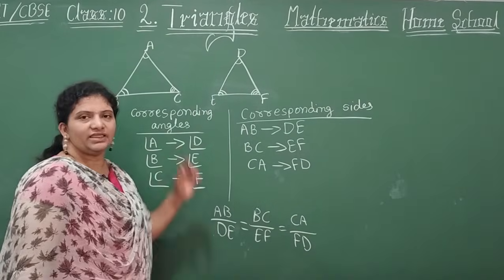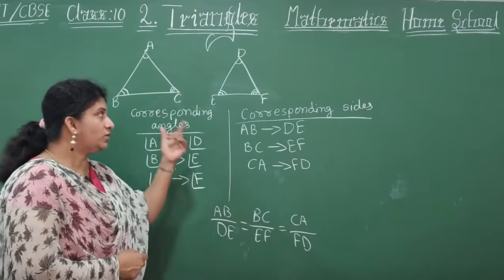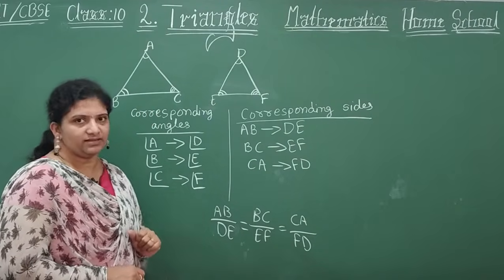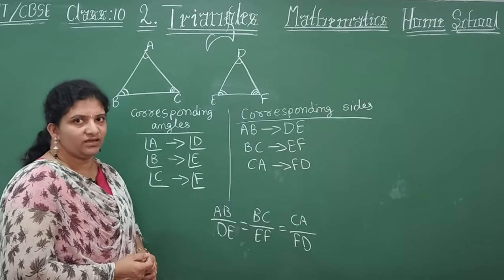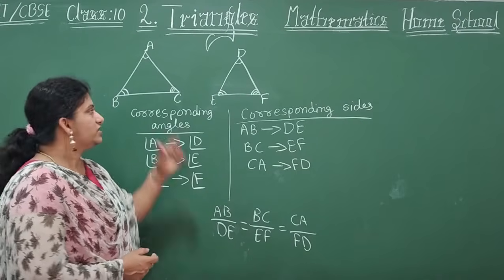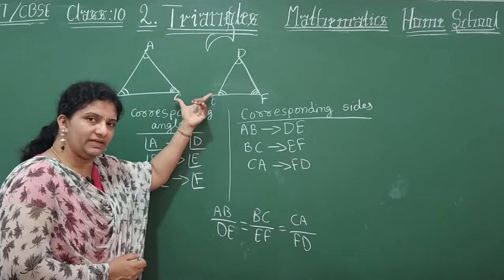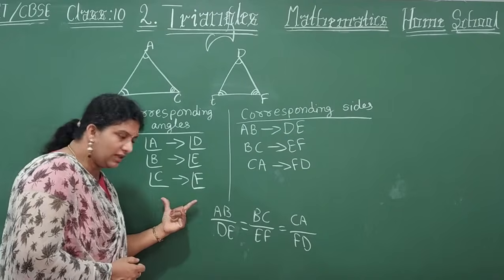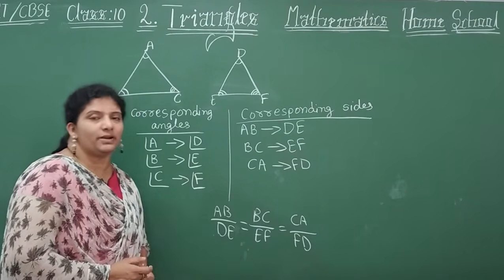See here children, when these two triangles are similar. Our chapter name is triangles. Triangle means it is bounded with three sides and three angles. So these two triangles are said to be similar when their corresponding angles are equal and the corresponding sides are in proportion.